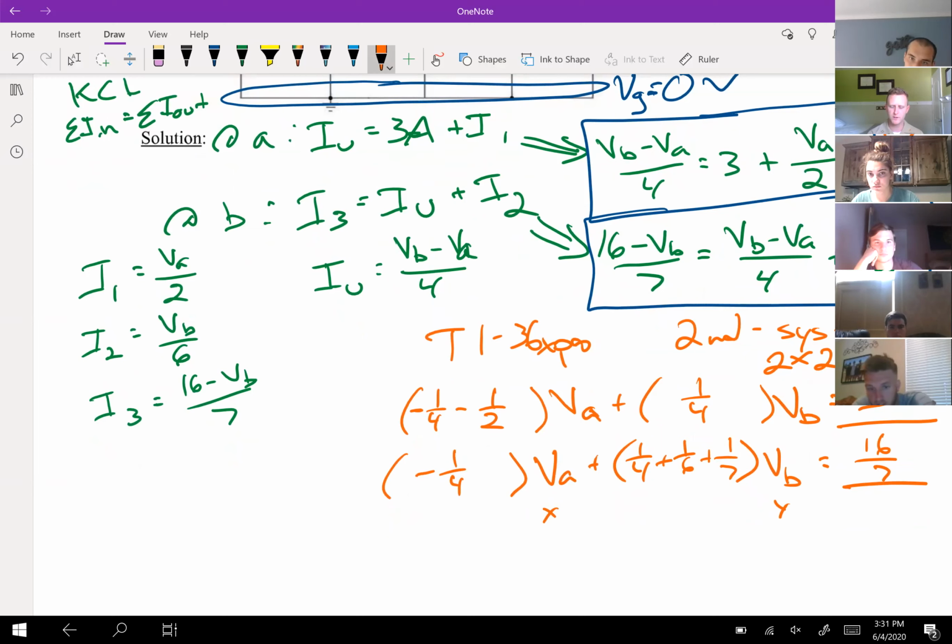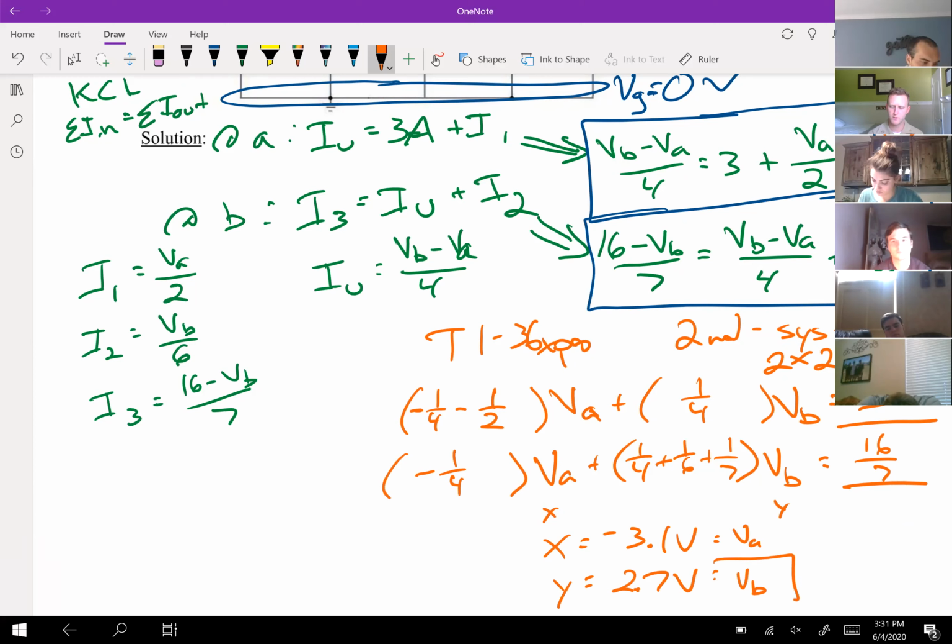So what it'll spit out is X is equal to, X is VA, and VA is minus 3.1 volts, and Y, it's calling it 2.7 volts. And if you just want to write X and Y, that's fine, and then box your answers.